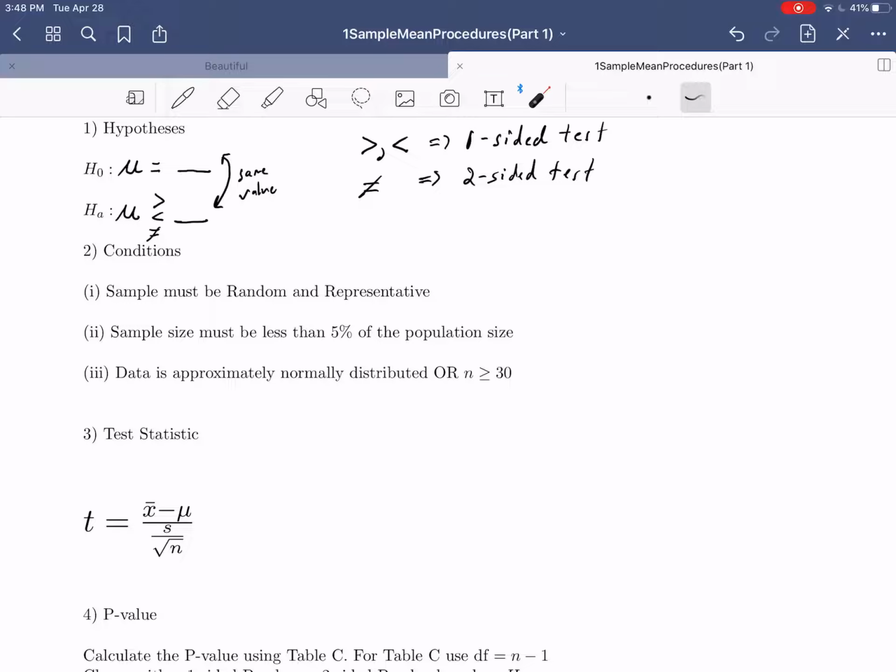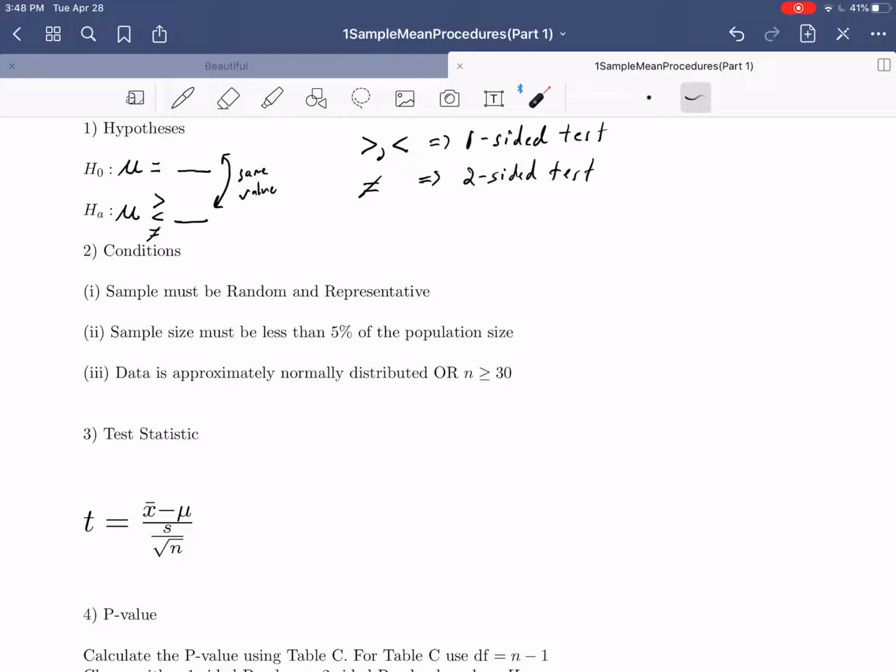Now, I want to say 2 things about this condition too. The first thing is that most of the time, this will not be a concern. Oftentimes, our populations are absolutely massive, like all of the adults in the US, or all of the people in a particular state.